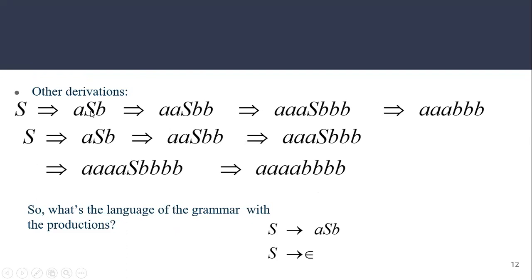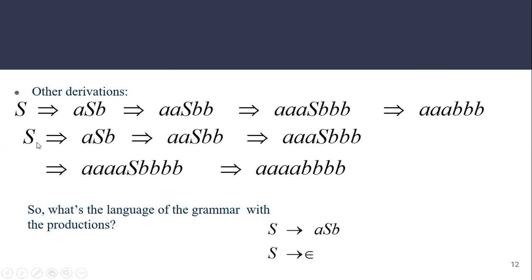Now in place of this S, we can substitute another aSb. This means this S is replaced by aSb. Similarly, here we replace the S with aSb. And finally, we replace this S with epsilon. So we get the string of 3 a's and 3 b's.